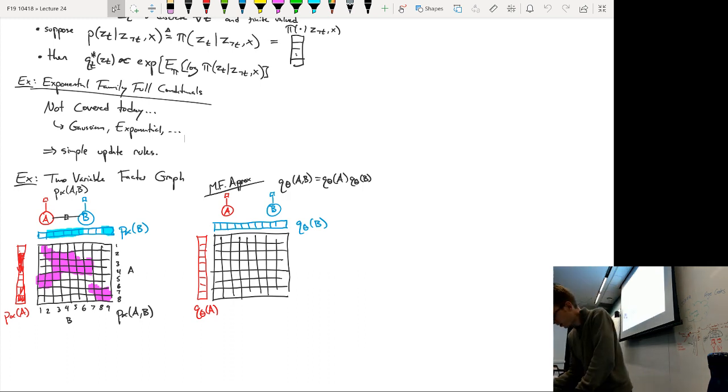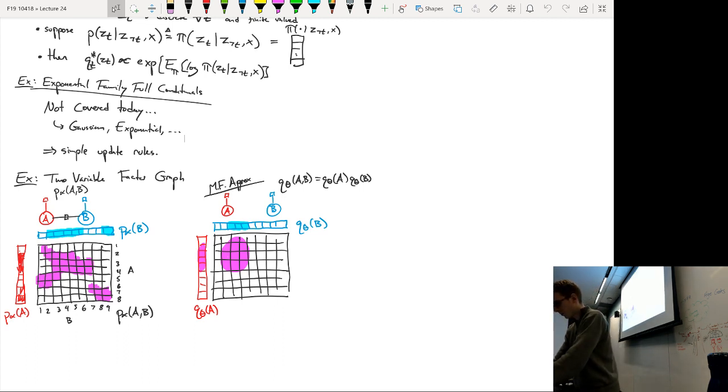Maybe here, most of the probability mass in Q theta of B is here, and most of the probability mass for Q theta of A is here. When we multiply them together, we get some probability mass that puts most of its weight in the corner there. But maybe it actually misses these diagonal parts of the actual distribution.